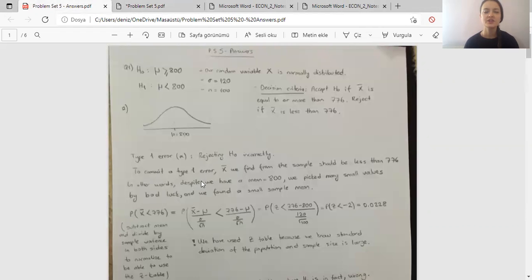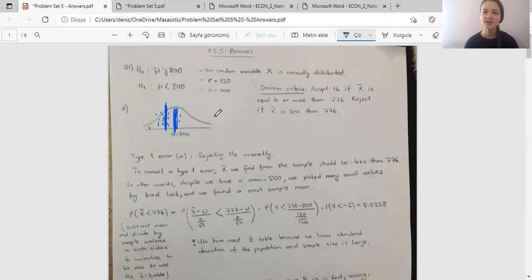And by just bad luck, we take many small values from our sample, okay, from our population. Our sample includes small values. Actually, our mean is 800, we assume that. But when we pick samples out of this population, we are constantly picking these small values, okay? So by just bad luck, I guess, we have a sample mean smaller than our true mean, okay?